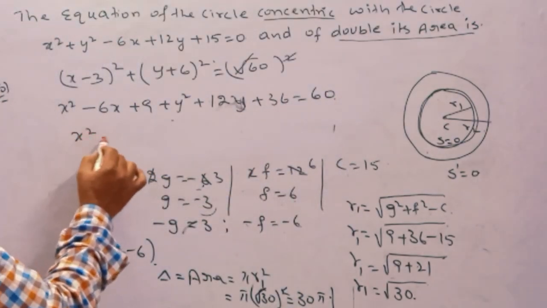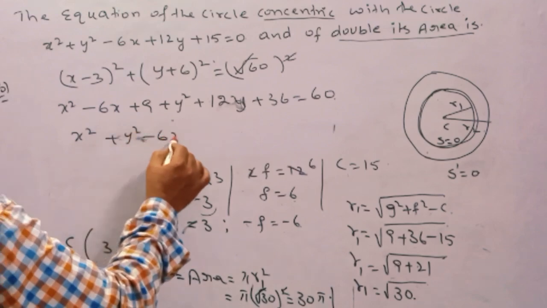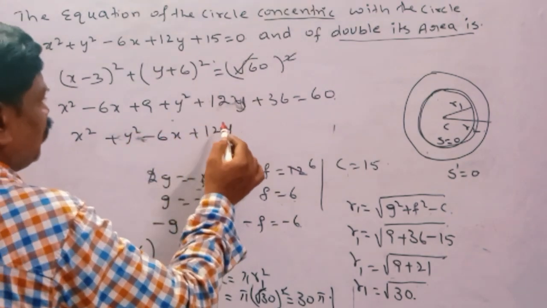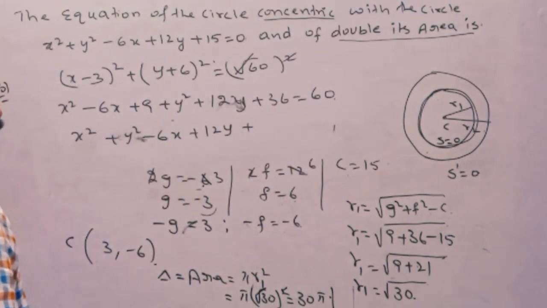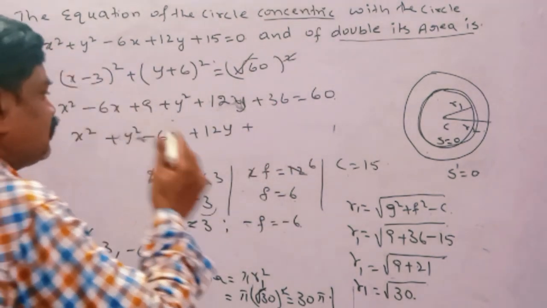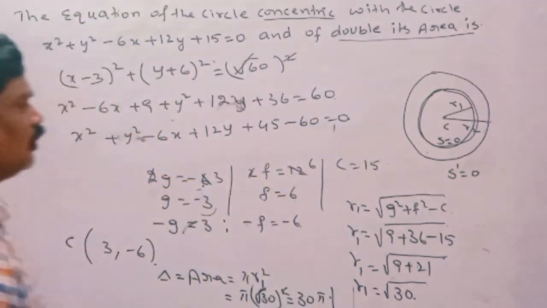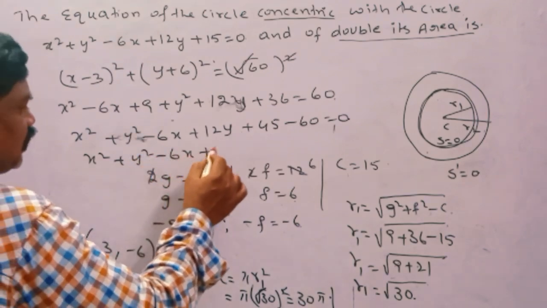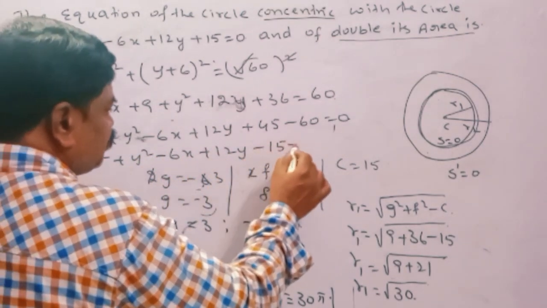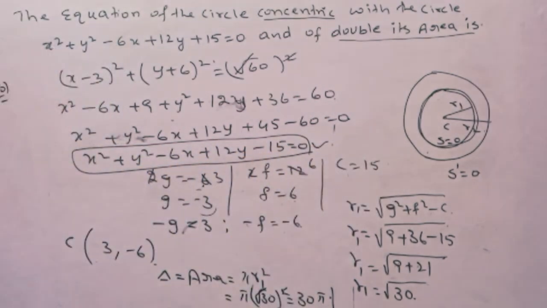That is x square plus y square minus 6x plus 12y plus 9 plus 36, that is 45, minus 60 equal to 0. So x square plus y square minus 6x plus 12y minus 15 equal to 0 is the required circle equation.